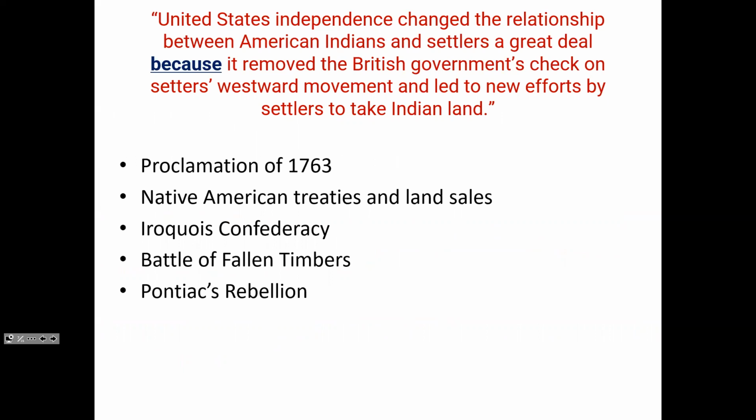Good. You could bring up, and again, someone had this question yesterday, and I can't remember. Could you use Native American treaties and whatnot? Do you have to list specific names of Native American treaties? Not exactly. There were too many to count, but if you bring up land treaties between the U.S. federal government and Native Americans, that would be a good thing.